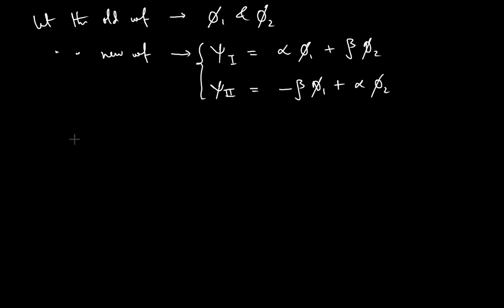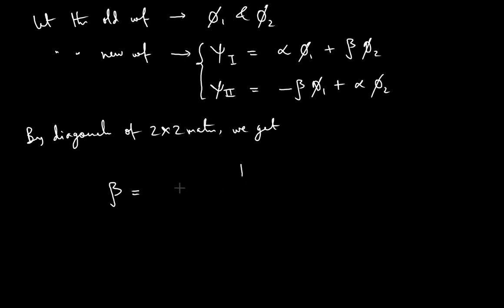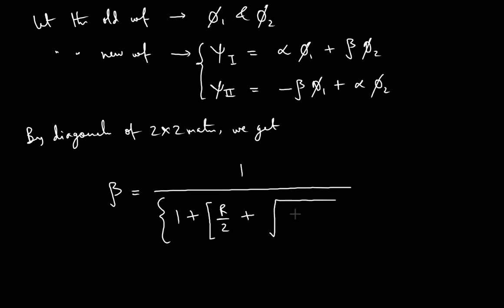Okay, now you see it is interesting, and you can also check this, that basically by diagonalization of 2 by 2 matrices we can get this result, and that is beta is equal to 1 divided by, again, 1 plus R by 2 plus square root of 1 plus R square divided by 4.